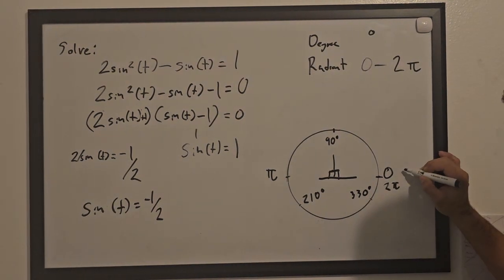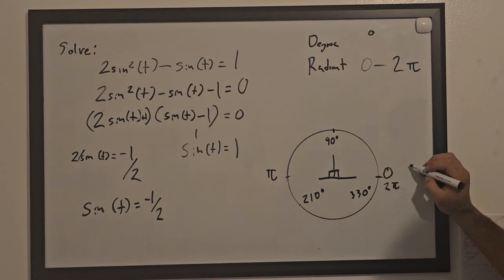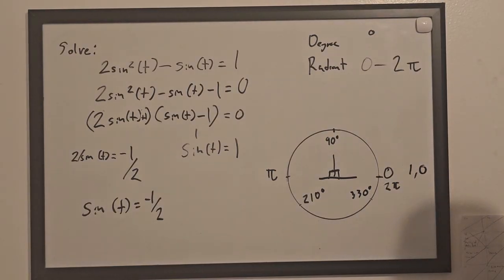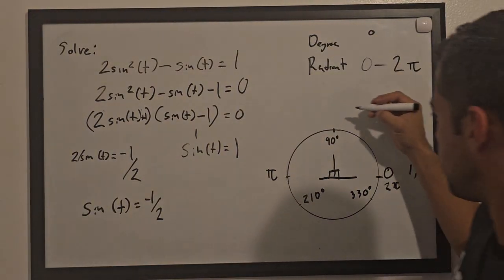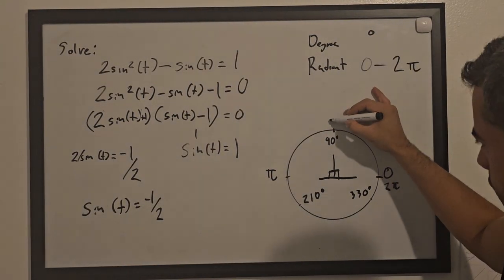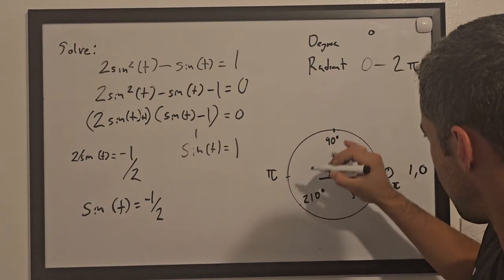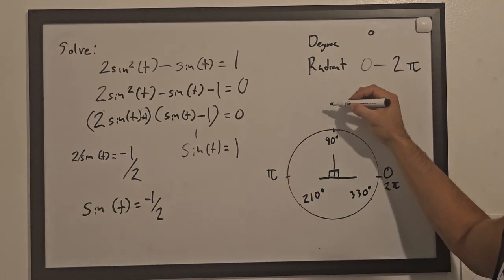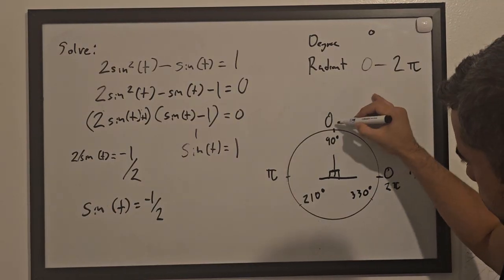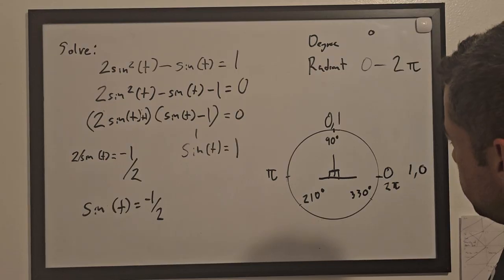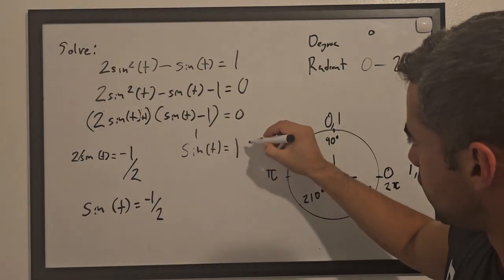At the beginning, we have a sine of 0, cosine of 1. At the top, we have cosine of 0 and a sine of 1, giving us this value.